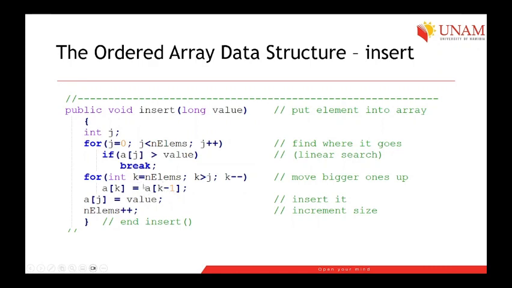We do that for all the elements at positions greater than j. Once we have copied all those elements, we will have created a space at position j, and that is where we are going to insert the value and increment the number of elements by 1. That is our insert method.